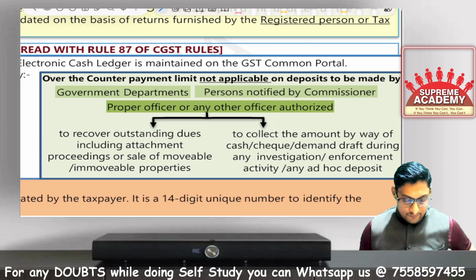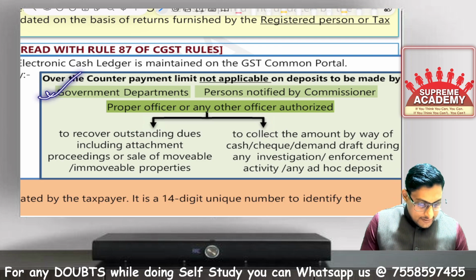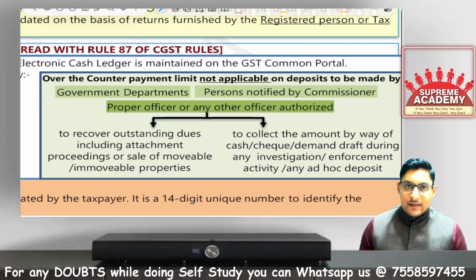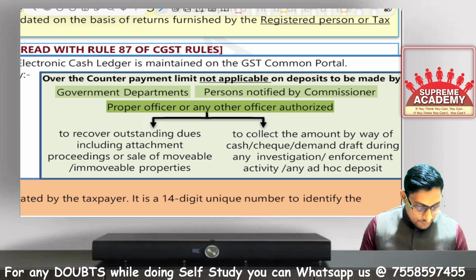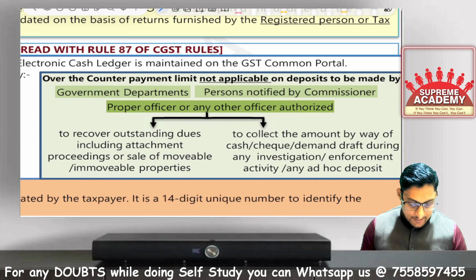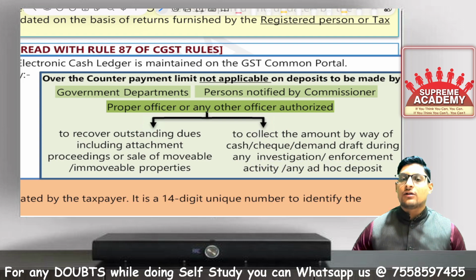It does not apply when the payment is made by a government department, or a person notified by the commissioner, or a proper officer or any other officer authorized to recover outstanding dues, including attachment proceedings or sale of movable and immovable properties, or to collect the amount by way of cash, check, DD during any investigation, enforcement activity, or any ad hoc deposit.